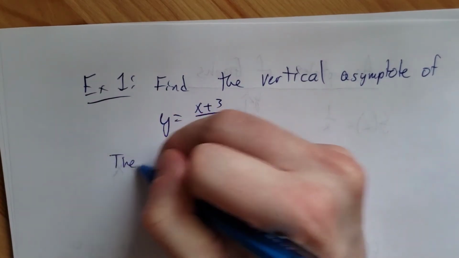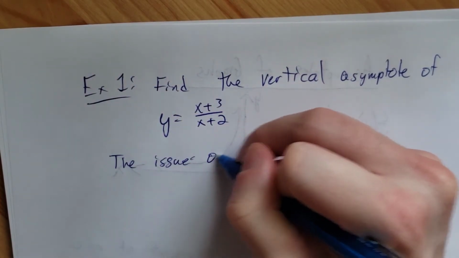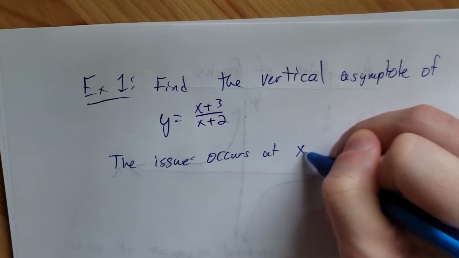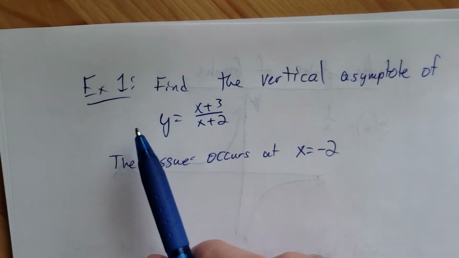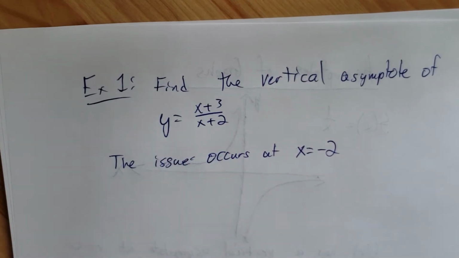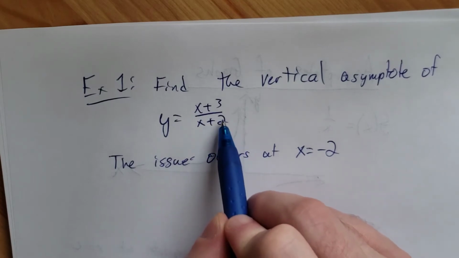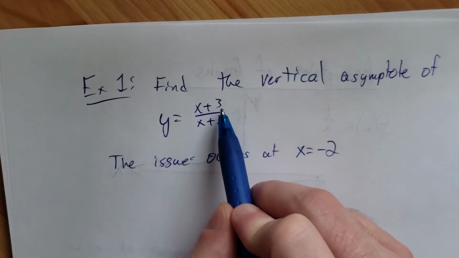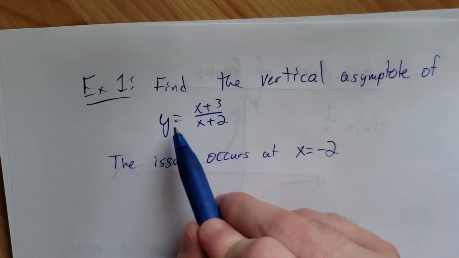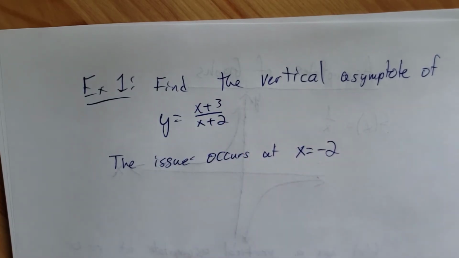Well, we can first notice that the issue occurs at x equals negative 2, right? A rational function is continuous everywhere in its domain. So the only potential place we could have a vertical asymptote is the x value that's not in the domain of this function. And that is, of course, x equals negative 2.